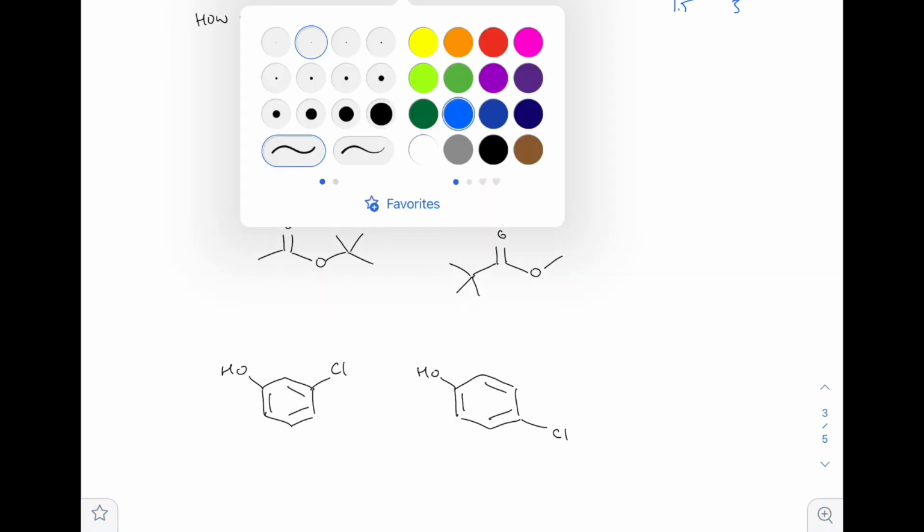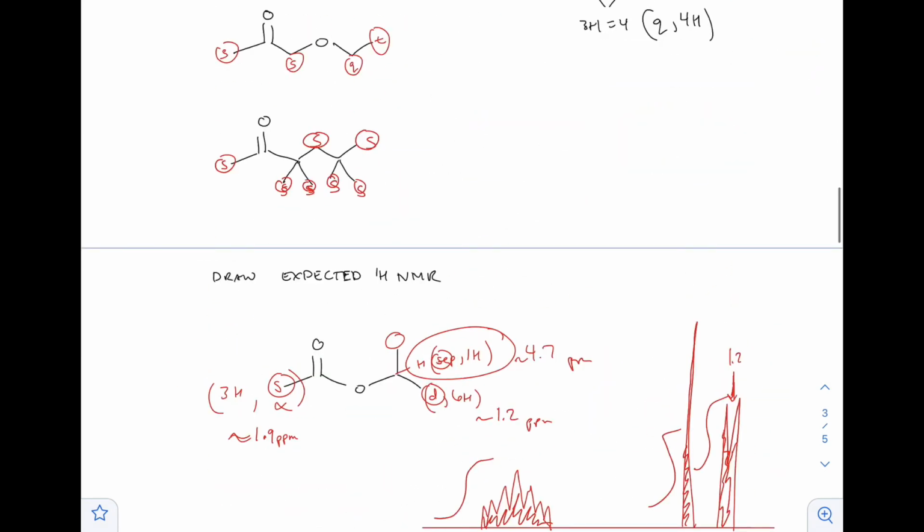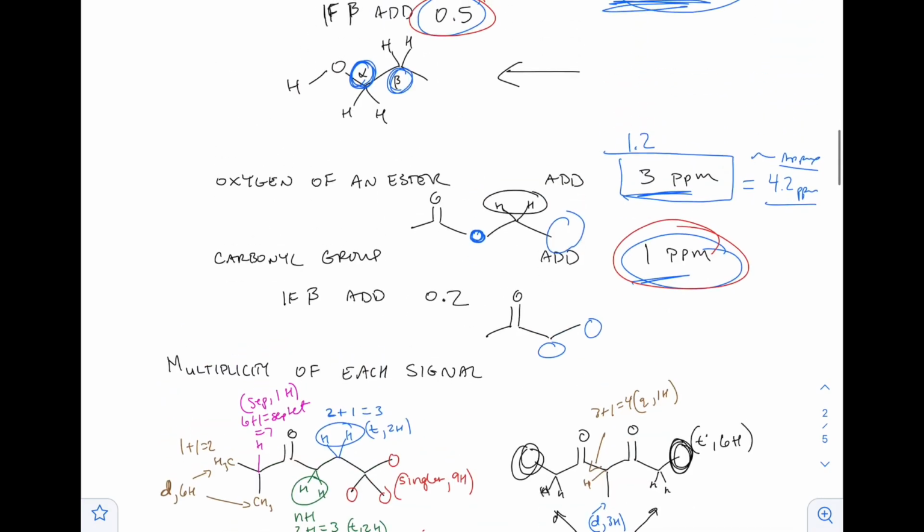How would you distinguish between these structures? So they all look very similar. So think about how you might do that, and then see if it matches what I say. So the way that this is going to be different is this first one right here. It has a CH2 that's directly next, that's basically the carbon directly adjacent to the oxygen on the ester.